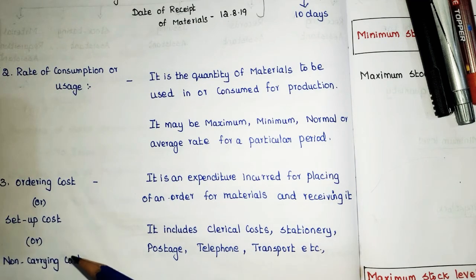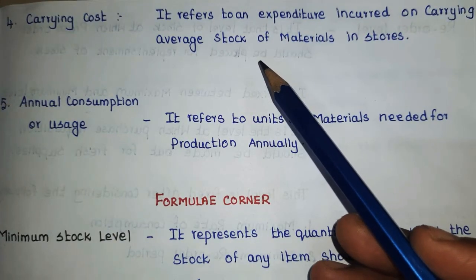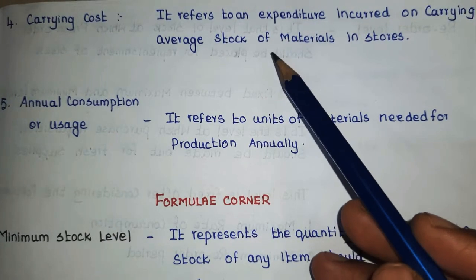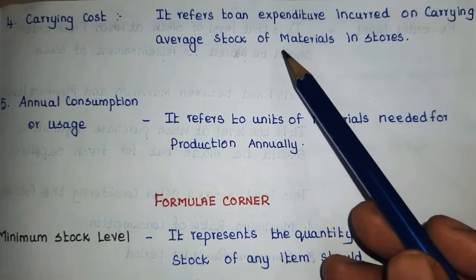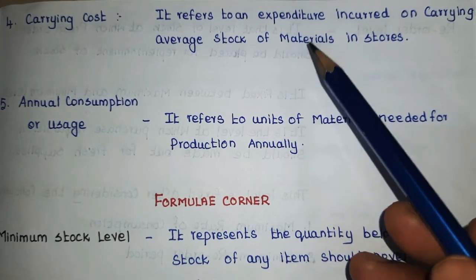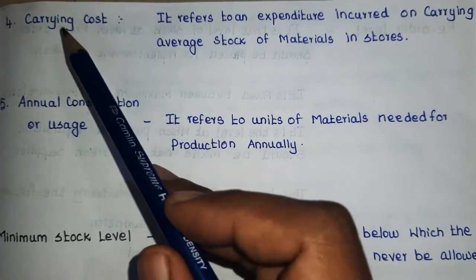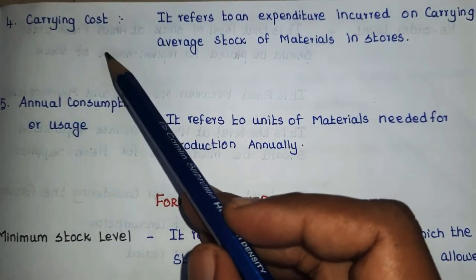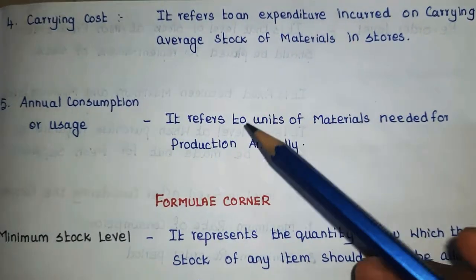This is usually expressed as O. The next term is carrying cost. This is also referred to as an expenditure incurred on carrying the average stock of material in stores. Here carrying means keeping, storing and preserving. It is usually denoted symbolically as I.